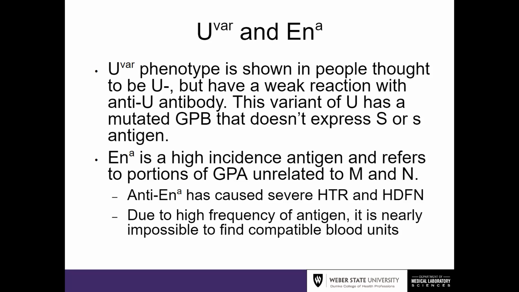It has been implicated in severe hemolytic transfusion reactions and hemolytic disease of the fetus and newborn. And because this is a very high incidence antigen, it would be very difficult to find a compatible blood unit for somebody who has formed the anti-ENA antibody. Now, ENA stands for envelope, and that's the name that it was given.